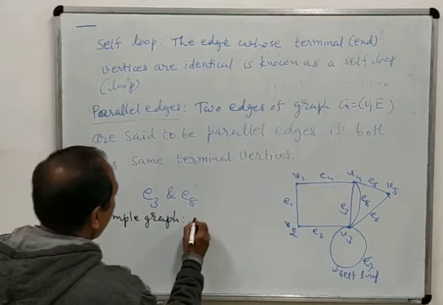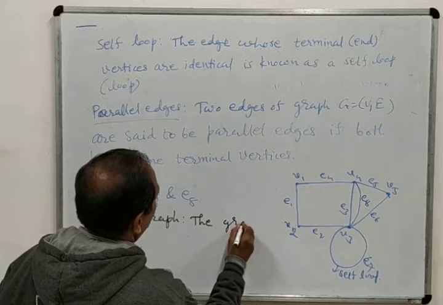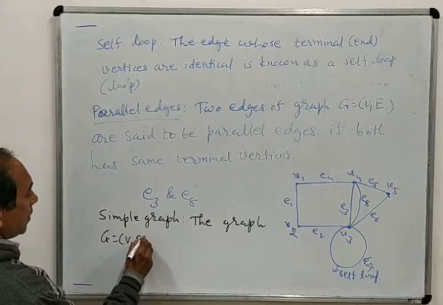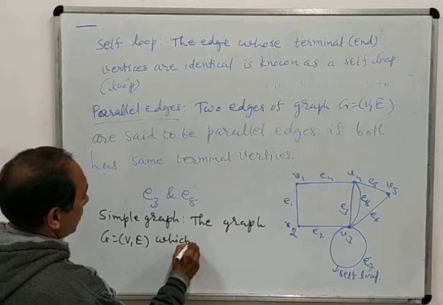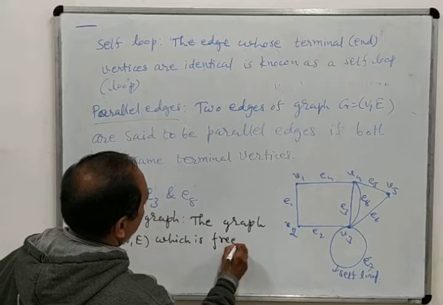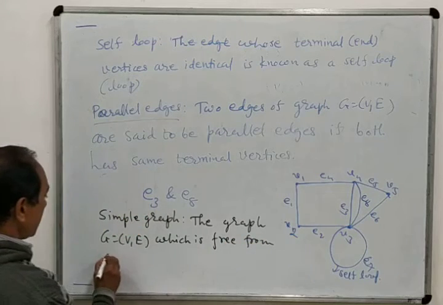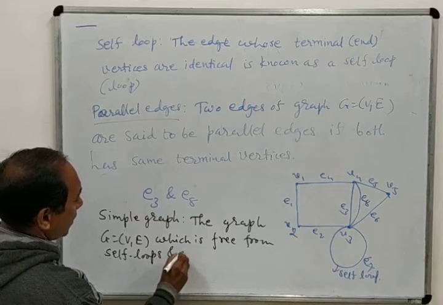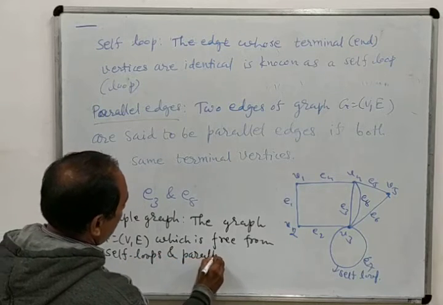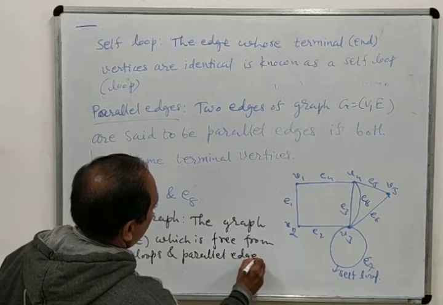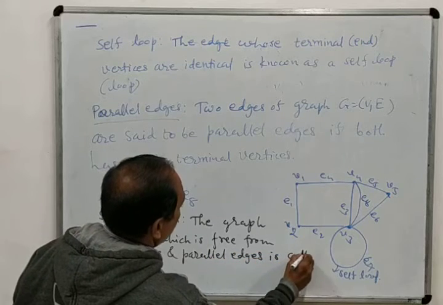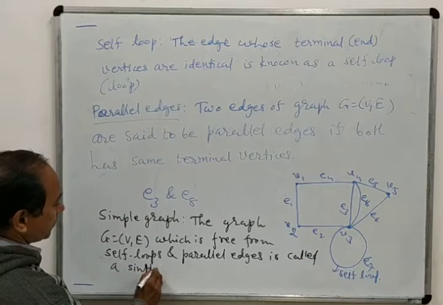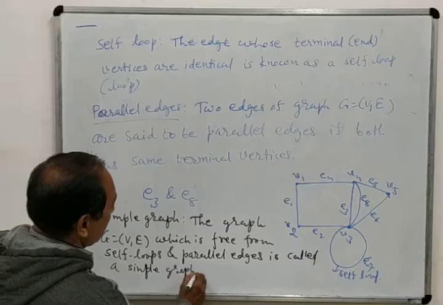That means a graph G = (V, E) which is free from self loops and parallel edges is called a simple graph.